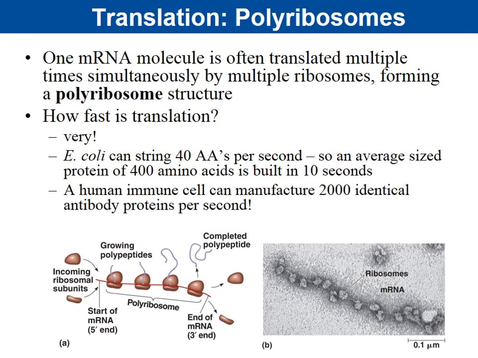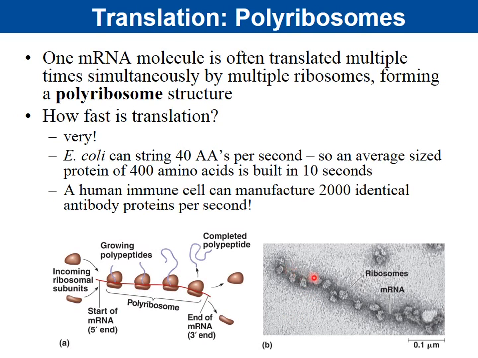So how fast does translation occur? It's not that just one ribosome is going to bind at the beginning of the mRNA, go all the way through, and then come back and do it again and again. Instead, many ribosomes bind along the length of an mRNA, and they form something called the polyribosome structure.